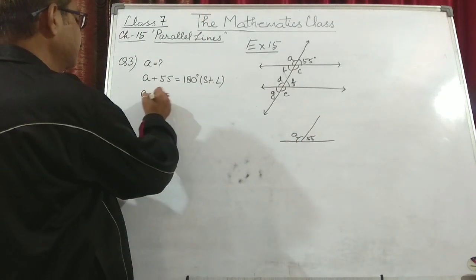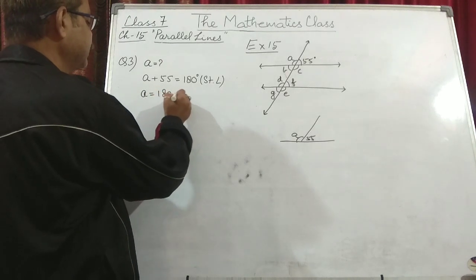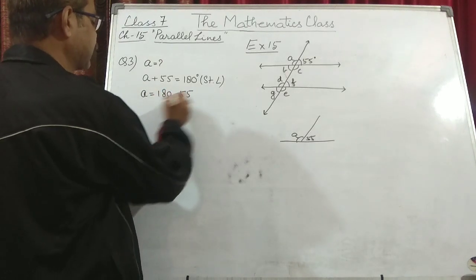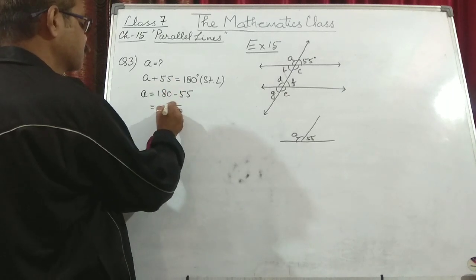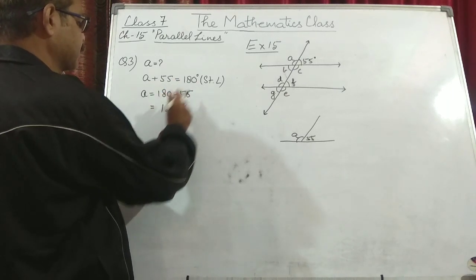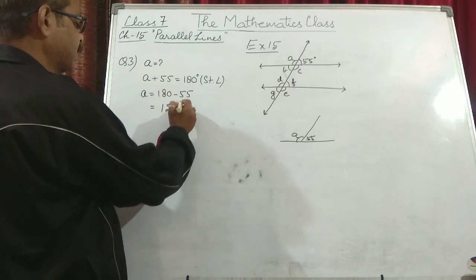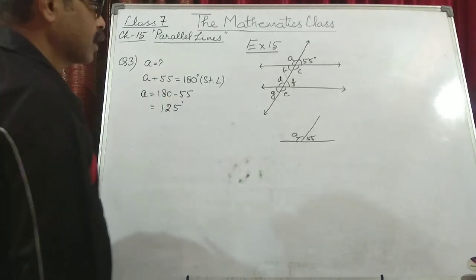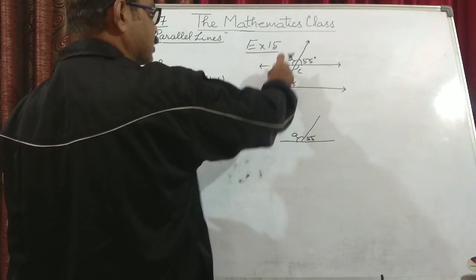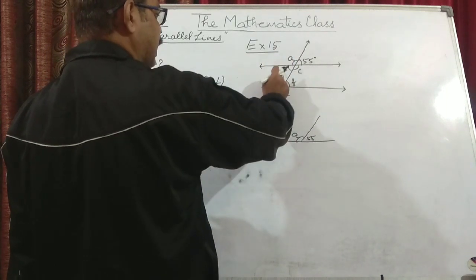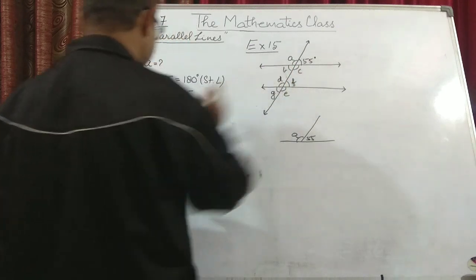So A will be 180 minus 55, that is 125 degrees. Now whatever is A, the same will be D because A and D are corresponding angles.